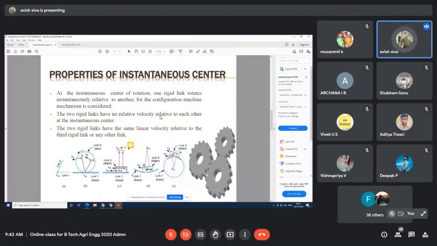Also case B: when the disk rolls without slipping on a fixed link, the instantaneous center lies at the center of curvature.